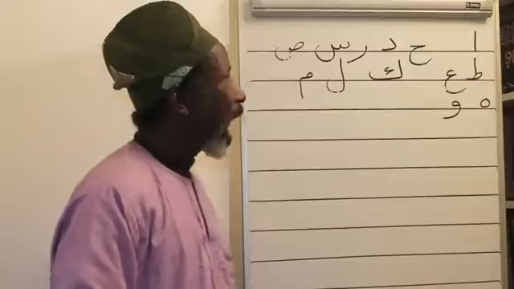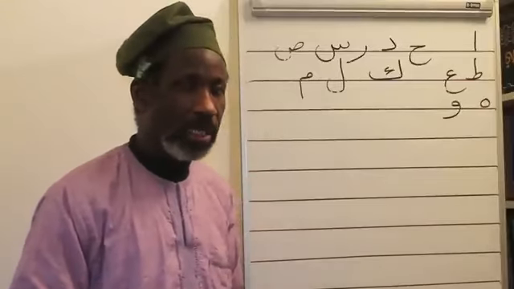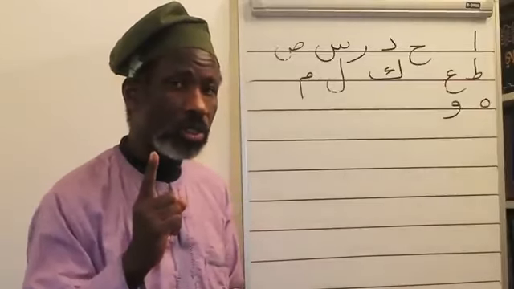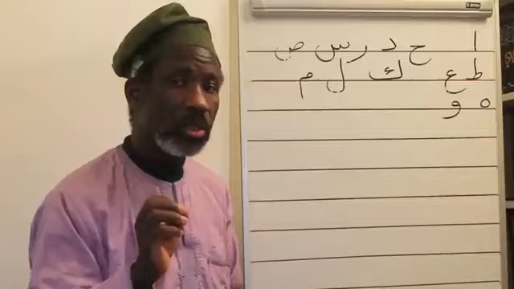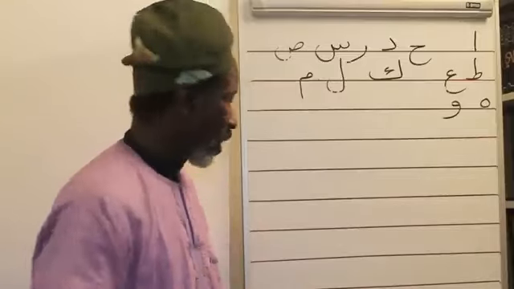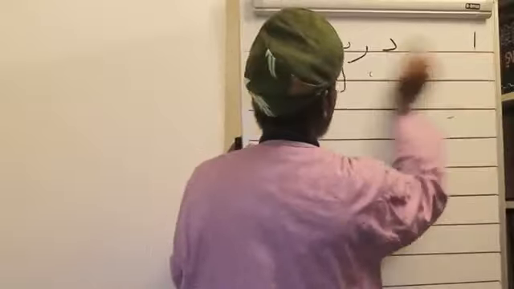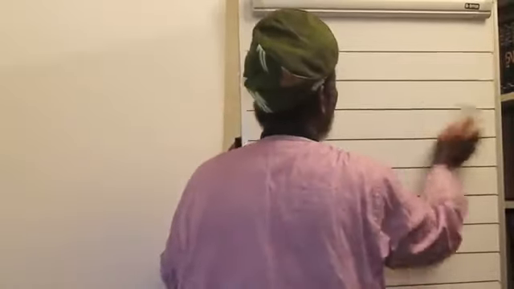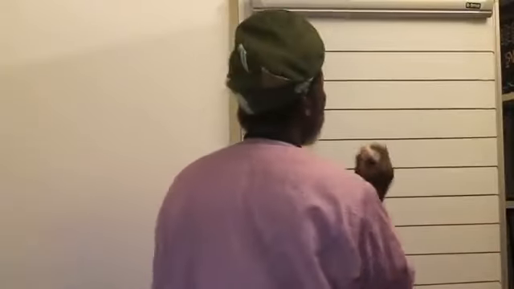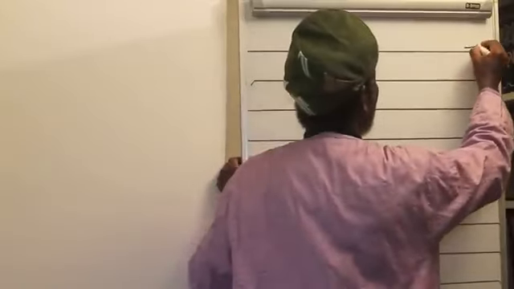The question now is how many letters in the alphabet have one dot, and that's one dot above. Let's investigate. So let's remove those with no dots at all. Now we're going to hunt for letters with one dot above. First, alif, ba, ta, tha, jim, ha, kha.